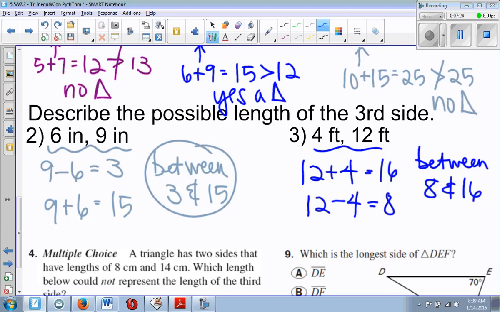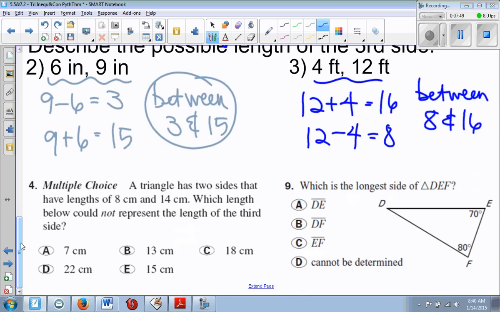So all you're doing is adding and subtracting the two side lengths given, and that will give you the range of values that your third side length can be. And again, it can be anything between those values. It can't be those values. 8 would not be an acceptable third side length. 16 would not be an acceptable third side length.